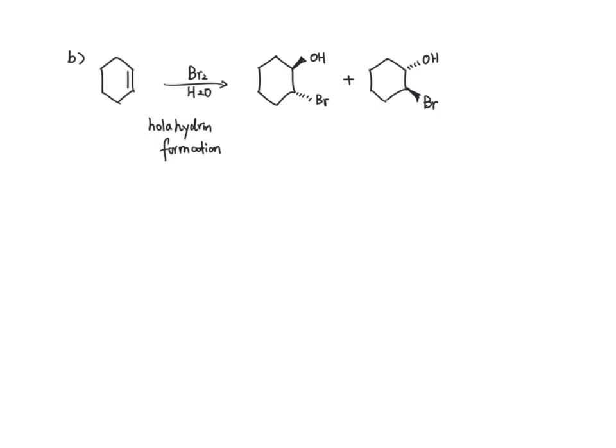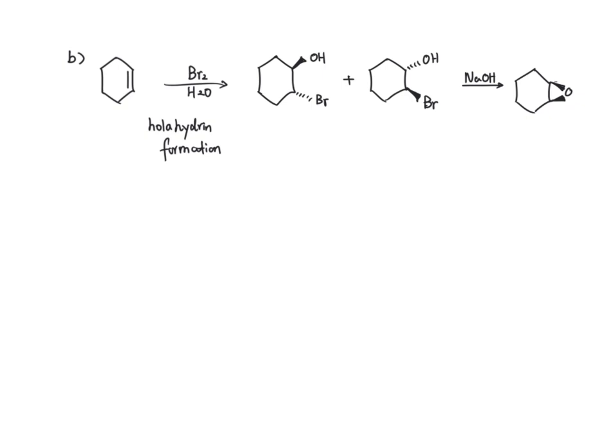So that is the anti-addition. And then in the next step, you will introduce a strong base, and then you will form this epoxide. I'm not going to talk about the reaction mechanism of the halohydrin formation, since you will learn it in the alkene chemistry.